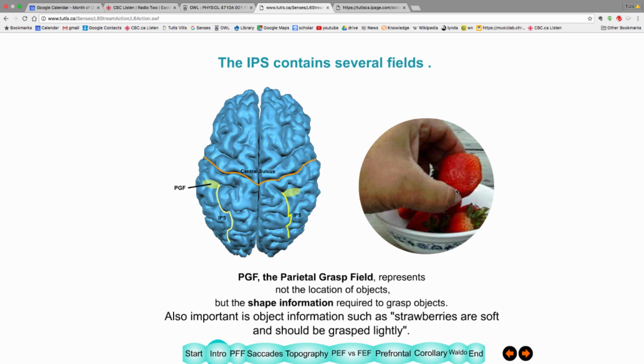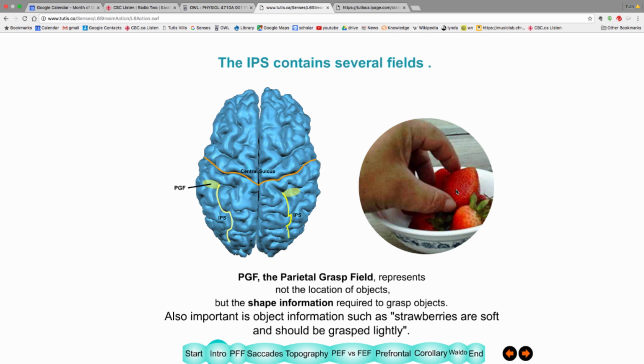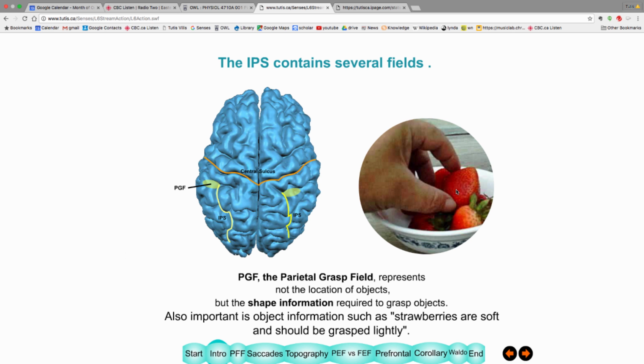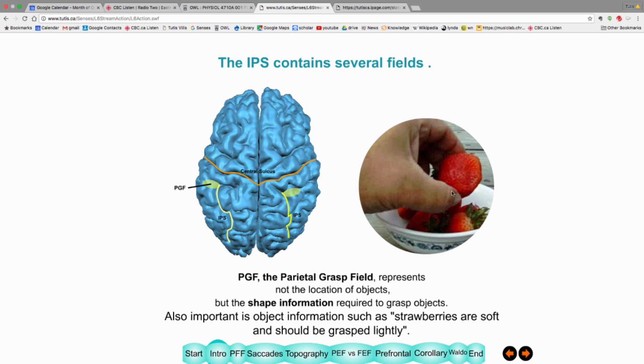So that means there must be information coming from the what stream to this area that helps this area define the object part of what you see.